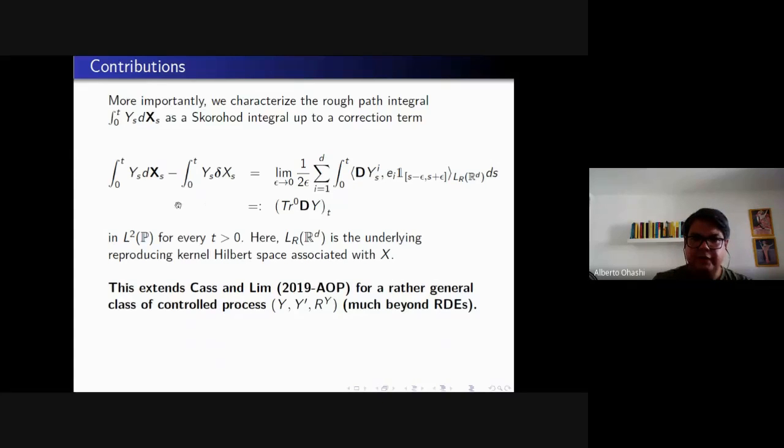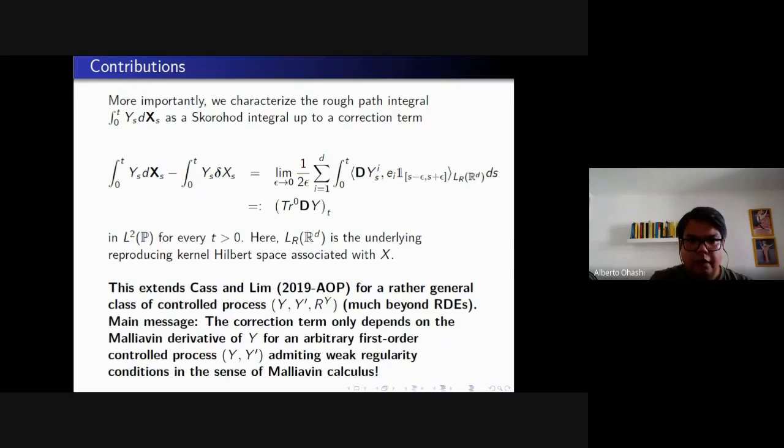So our result extends the recent result of Cass and Lin for a much more general class of controlled processes, much beyond rough differential equations. Okay, so before I enter into details, the main message of our theorems is the fact that the correction between rough path and Skorohod integrals is precisely given by this object here.